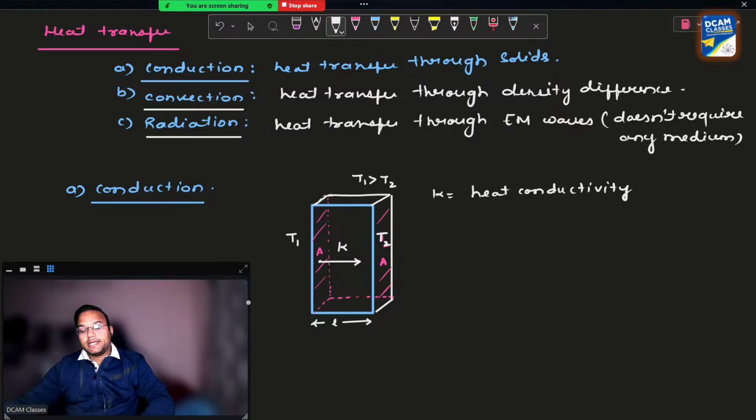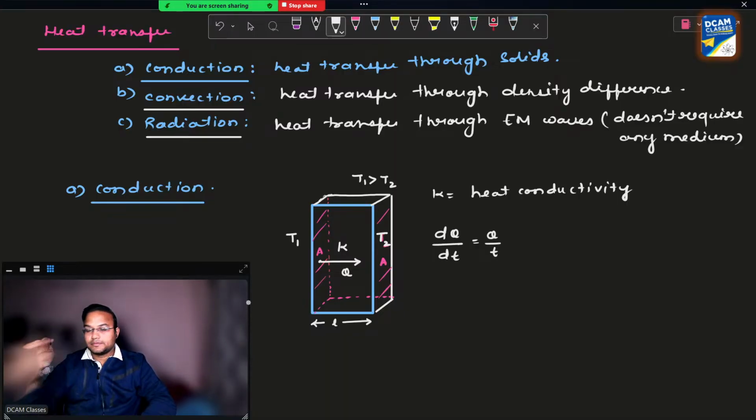Now what they say, if Q is the heat which is passing from one surface to the other surface, because there is a difference of temperature. Whenever there is a difference of temperature, heat will be transferred from one point to another. So this dQ by dt, meaning rate of heat transfer, or you can write it as Q by t also, is proportional to the difference of temperature.